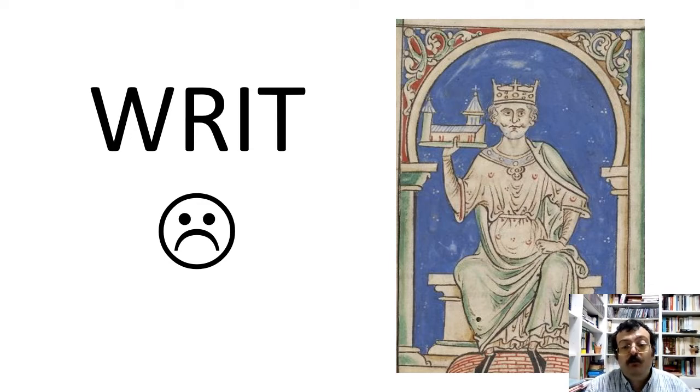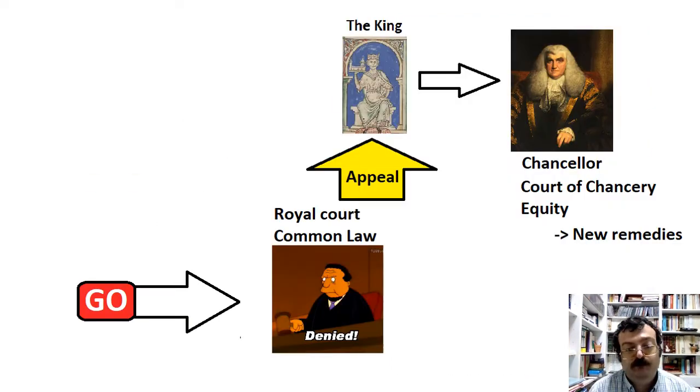This was not allowed by the royal courts applying common law. That's just one example. So in all, plaintiffs who could not get a writ, or whose complaint did not fall into any recognized categories of writ, found an alternative. They would first ask the royal court to give them justice. The royal court would deny them that. So they would appeal to the king.